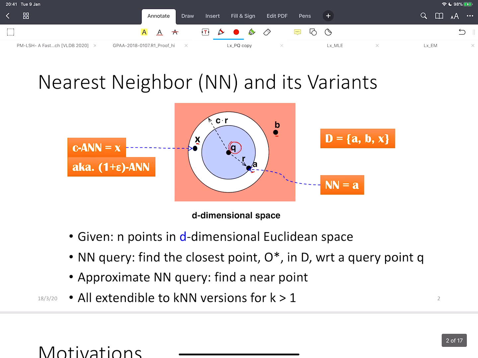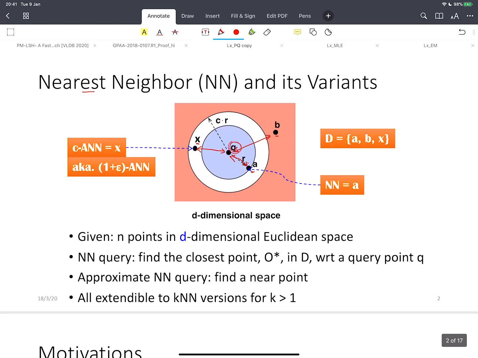So these are two-dimensional points, and we can measure the distance between any two objects, let's say Q and x. By default, we use Euclidean distance. And one of the things we want to do is to find the nearest neighbor. So within this data set, if you compute the distance, you can see that A is the nearest neighbor.